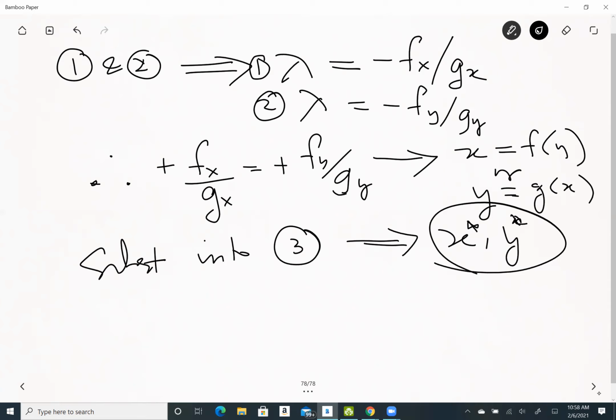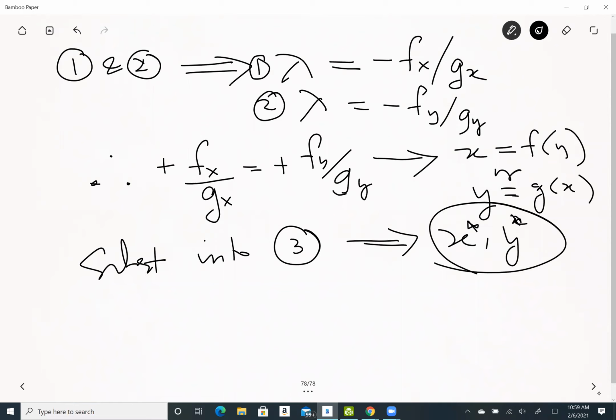From 1, you write lambda in terms of x and y, that means negative fx divided by gx. From number 2, I write lambda in terms of y and x, negative fy over gy, and they are both equal. So therefore, fx over gx is equal to fy over gy.